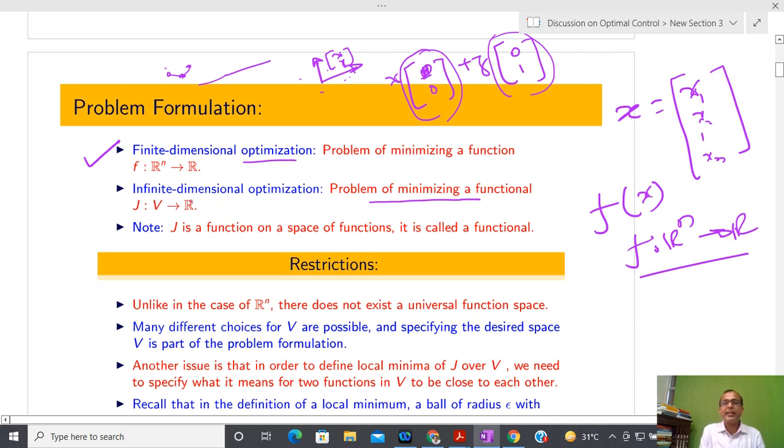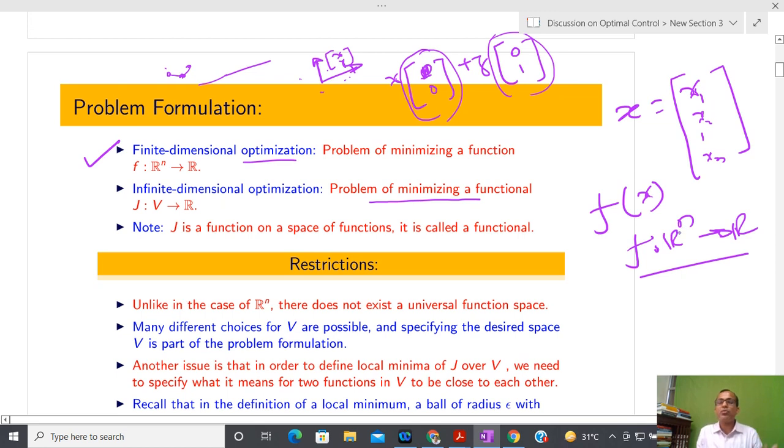But in the case of the infinite dimensional optimization problem, the argument is in the form of a function. If you see the space, it is some kind of vector space, but its elements no longer look like column vectors where everything is a real number.